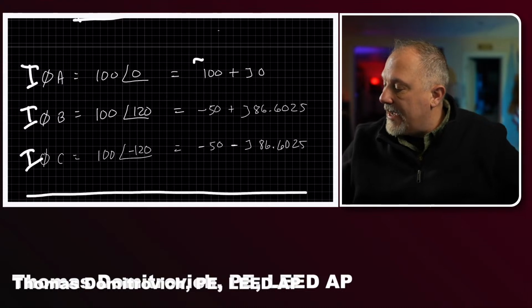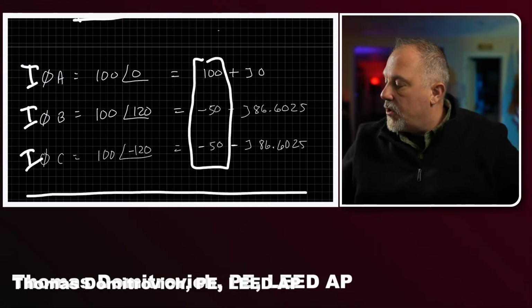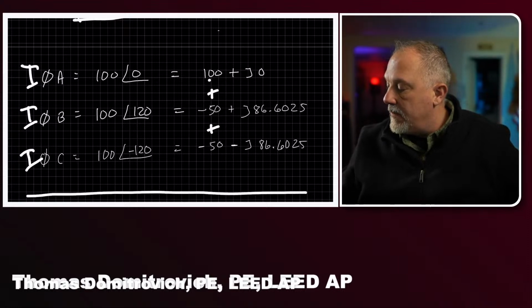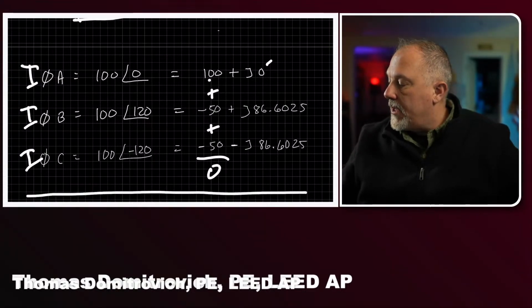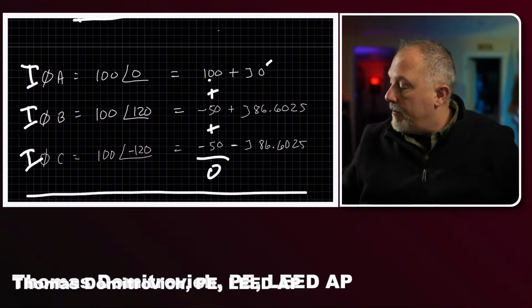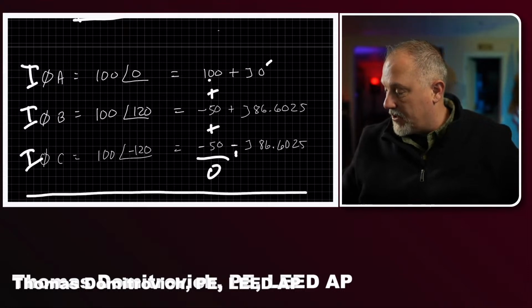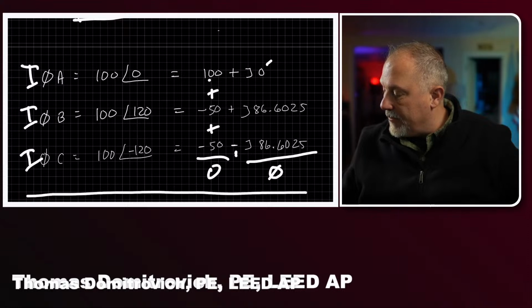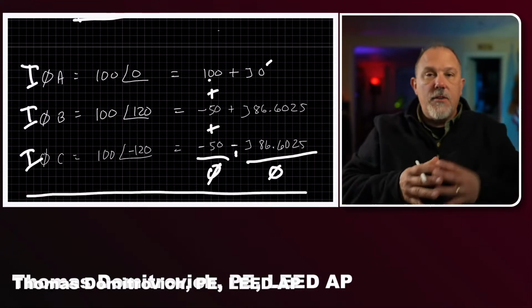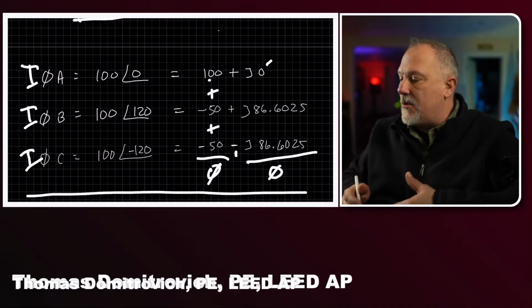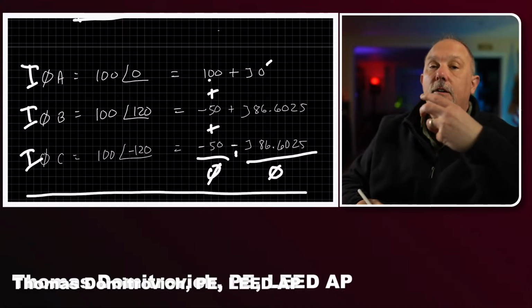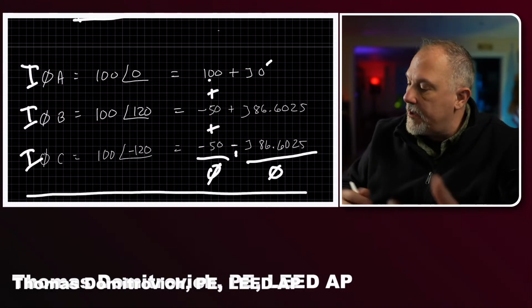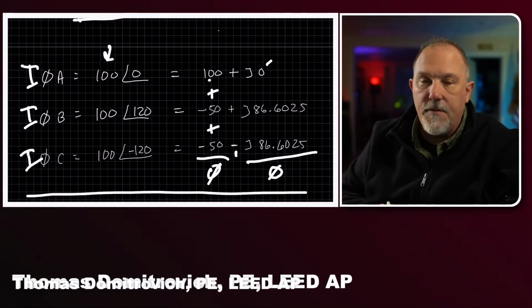So if I want to add these up, what is 100 plus minus 50 plus minus 50? 0. What is 0 plus 86.0625 minus 86.0625? 0. So they add up to 0. The reason they add up to 0 is because they're balanced. They are 120 degrees out of phase with each other, and the magnitudes are all the same.